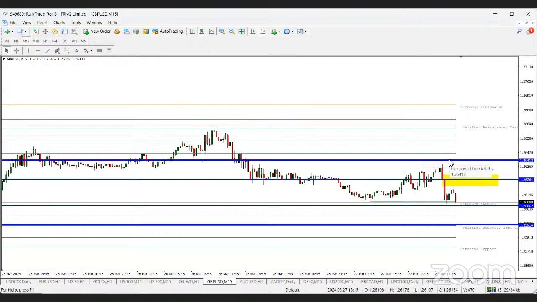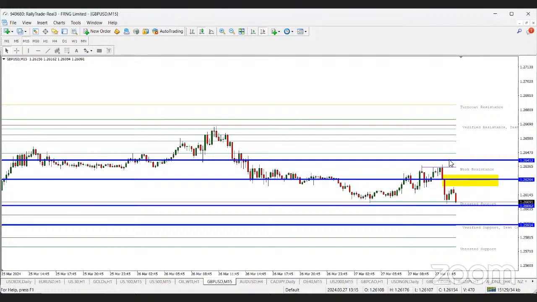So that's my sell: from 1.26260, selling to around 1.25910. Now, what if price doesn't get to that point and breaks this support? If price doesn't get to 1.26260 for me to sell from, I could sell once it breaks support at 1.26060.